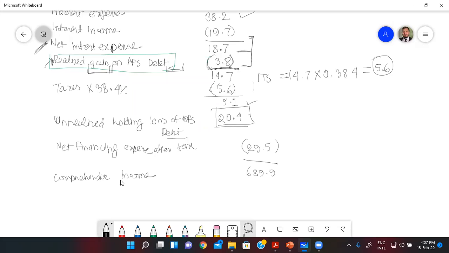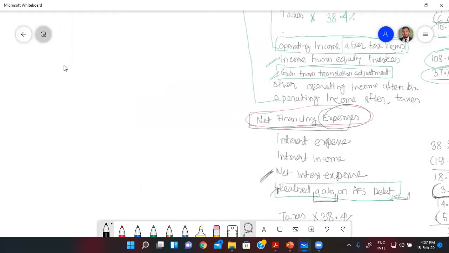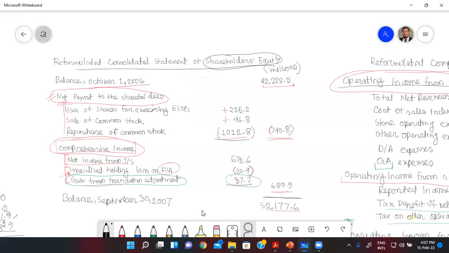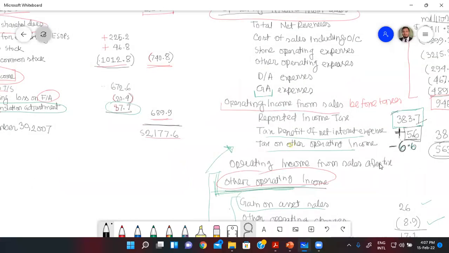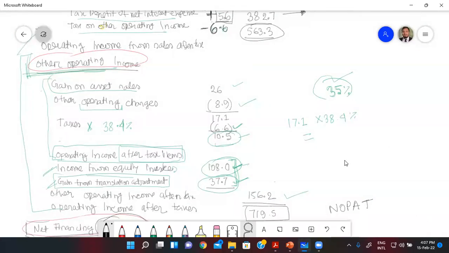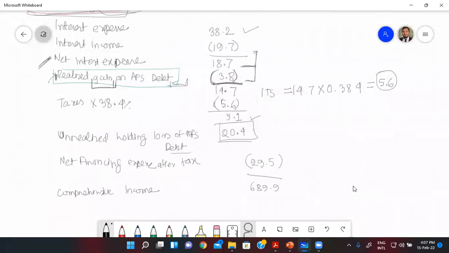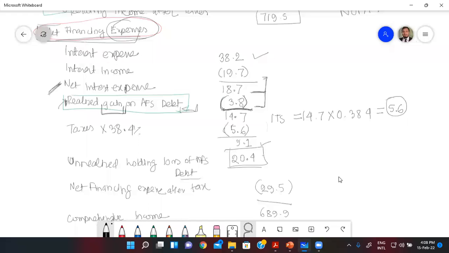You probably can recall that I mentioned this item in the reformulation of the statement of shareholders' equity. Unrealized holding loss on the financial asset, this is 20.4. So this loss is related to my financing, so it needs to be added to the net financing expenses, as this is a loss amount. That's why it is a negative amount.